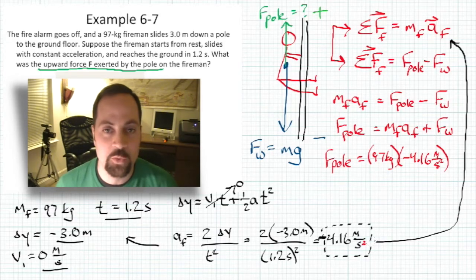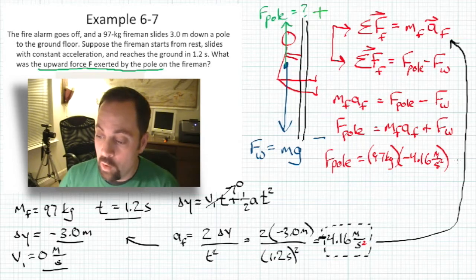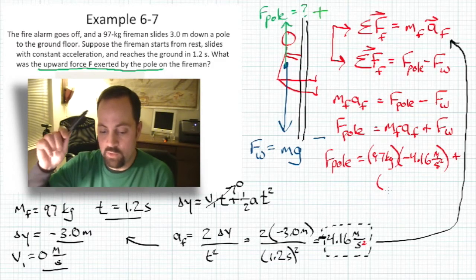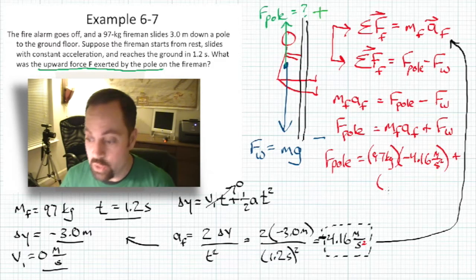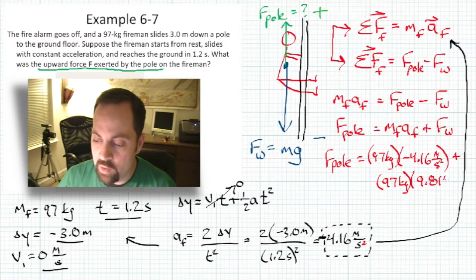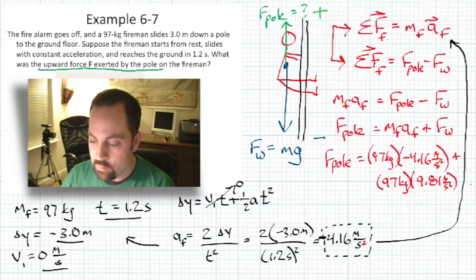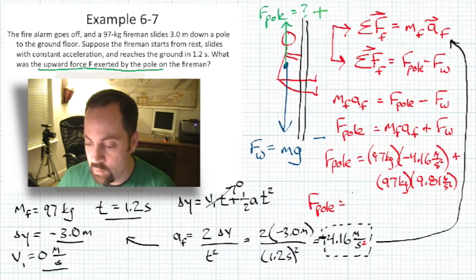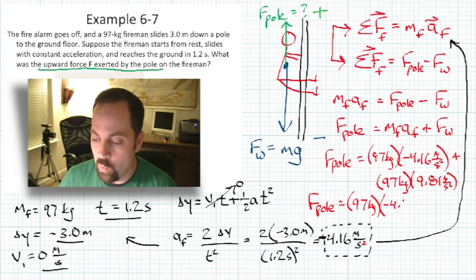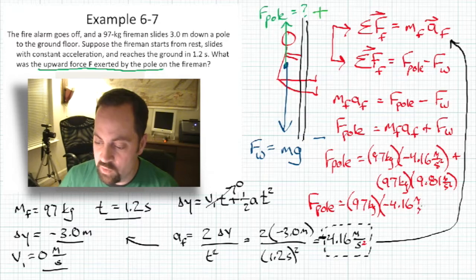Meters per second squared is acceleration, plus the weight force. Now think back for a minute. How do we get the weight force? Well, we take the mass times the acceleration of gravity, g. So 97 kilograms times 9.81 meters per second squared. That's like saying, if we factor out the 97 kilograms, 97 kilograms times negative 4.16 meters per second squared plus 9.81 meters per second squared.